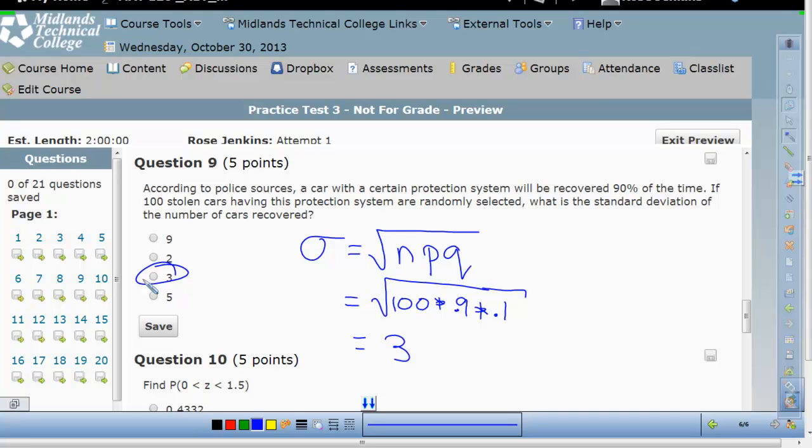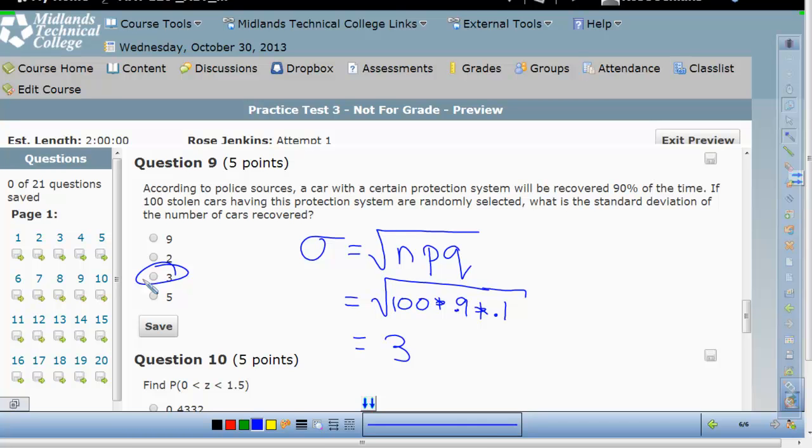What that was talking about was if I know that the variance is, let's say, 16, then the standard deviation is 4. That's all I need to know to figure that out.